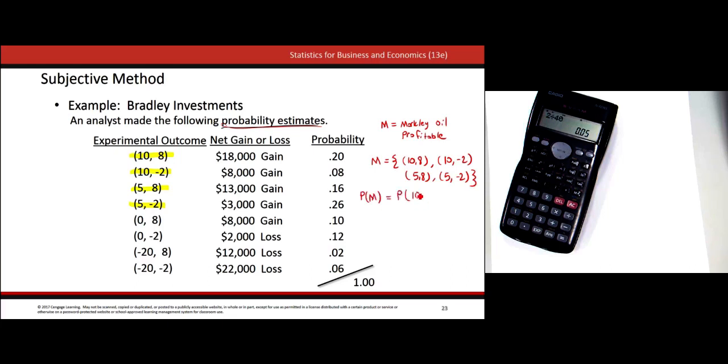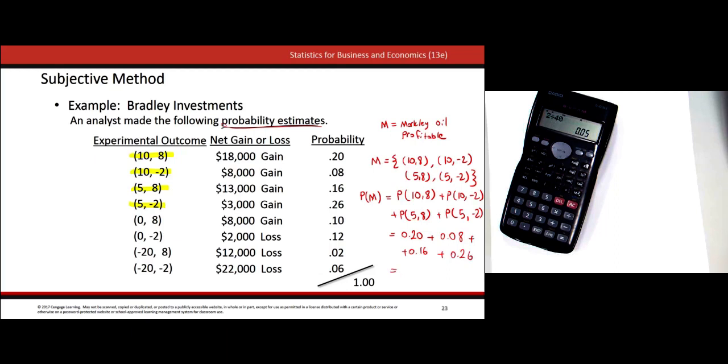We add the probabilities of the outcomes. 10, 8: what's the probability of this outcome? 0.2. 10, negative 2: 0.08. 5, 8: 0.16. 5, negative 2: 0.26.